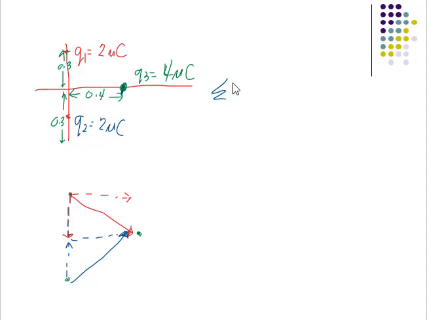Summation of forces along Y. You can see here the force exerted by Q1 on Q3 is downward. Since it's downward, it is negative. So you have equals negative the force exerted on 3 by 1. And for this one, since it's upward, you have plus the force exerted on 3 by 2.